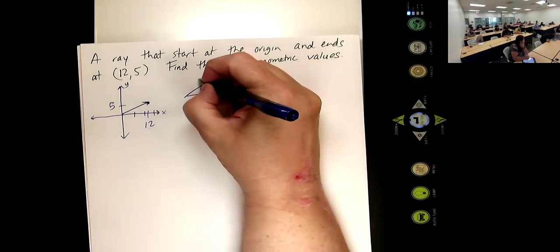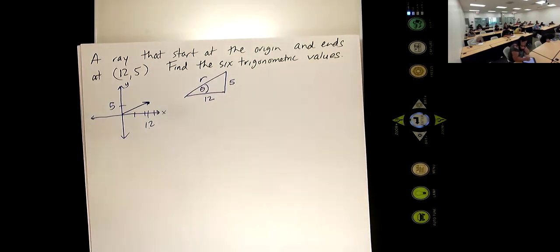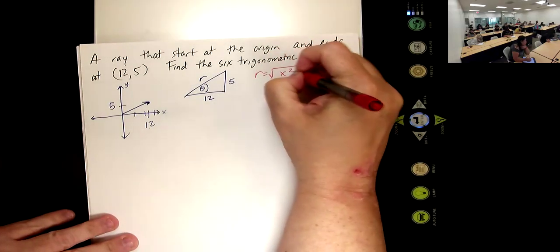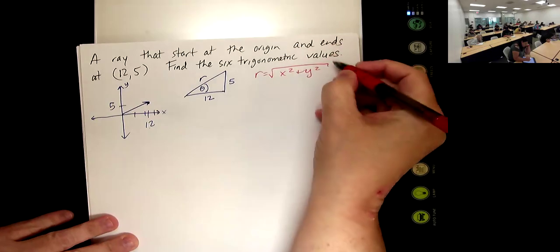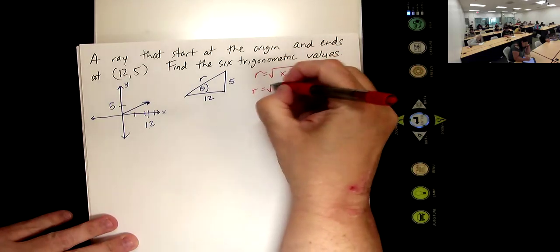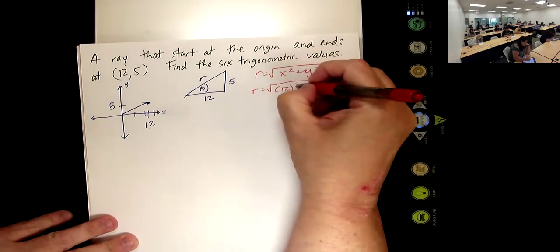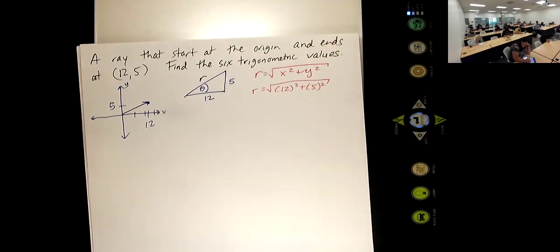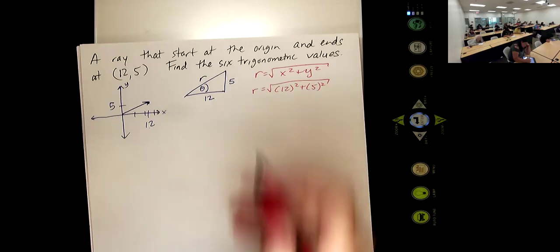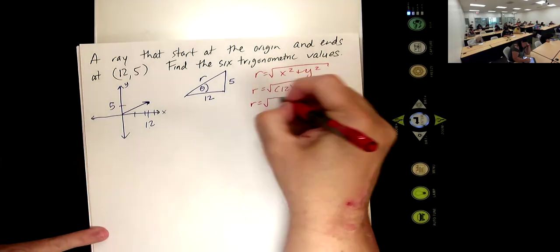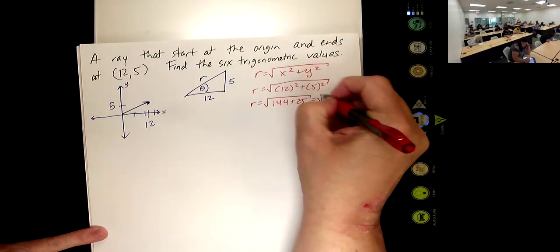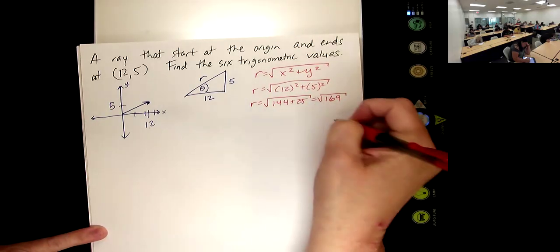So this is R and we don't know what that is, but we can find it. R was equal to the square root of x squared plus y squared. So R equals the square root of 12 squared plus 5 squared, and that's 144 plus 25. Square root of 169.